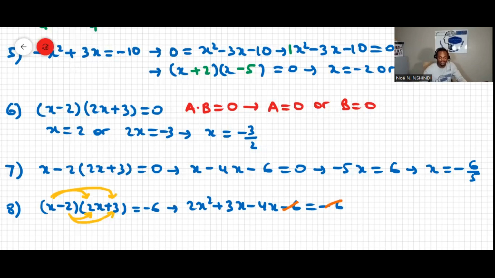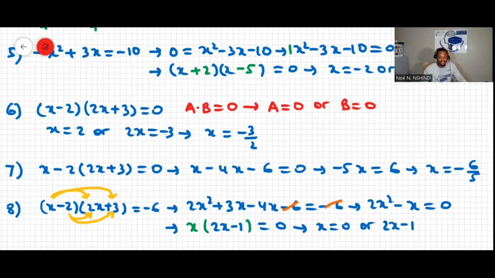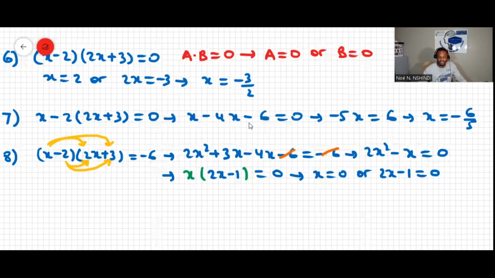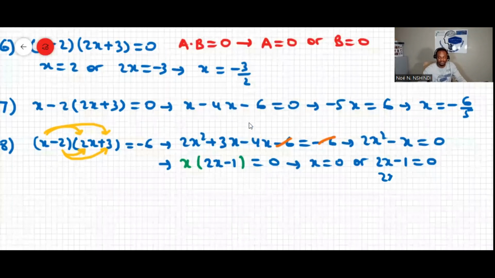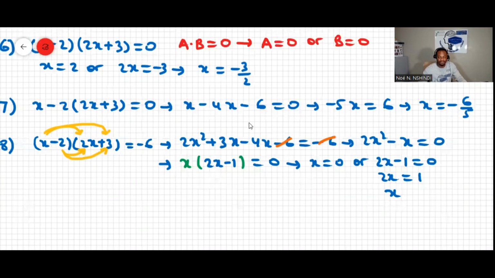Then this will make 2x squared minus x equal to 0. Now we can take x as the common factor, so this is going to be x times 2x minus 1 equal to 0. This means x is 0, or 2x minus 1 is 0. This means 2x equals 1, so x is equal to 1 over 2.